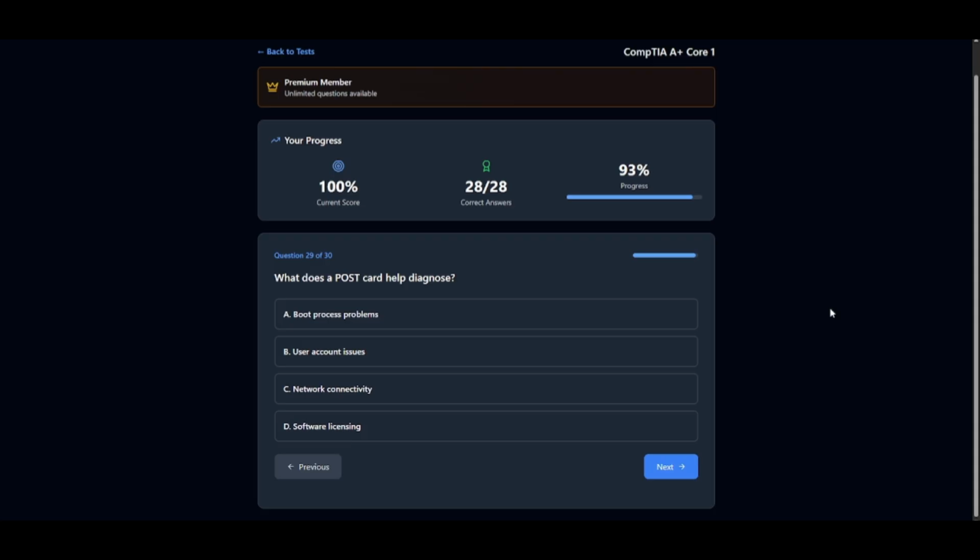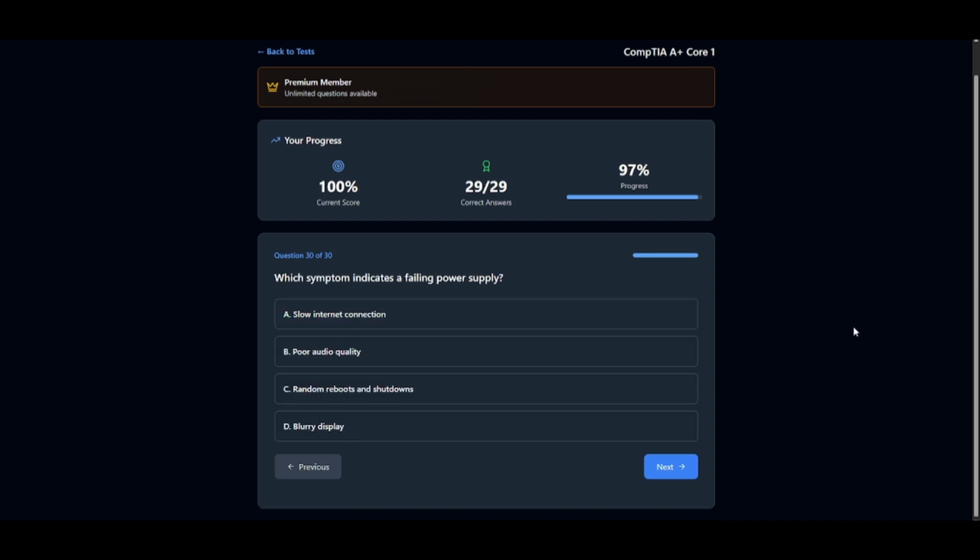All right, and as we know, POST stands for Power-On Self-Test, so the answer would be boot process problems. It helps diagnose issues from when the computer starts to help a technician find out more about what is going on with the hardware that is preventing the computer from turning on.